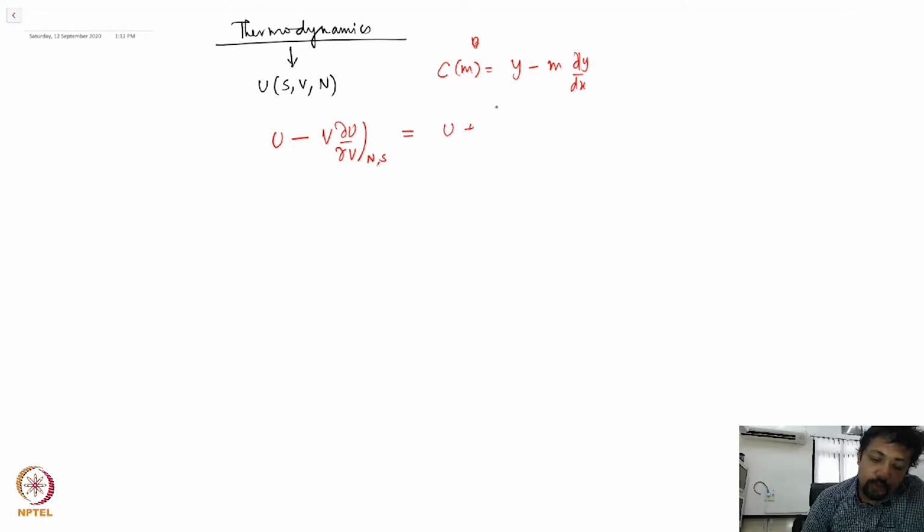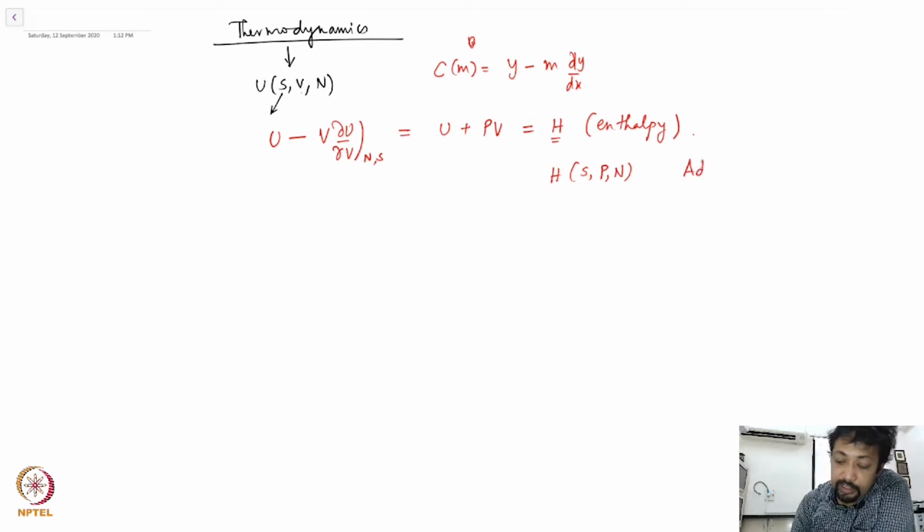U is U and ∂U/∂V is minus P, so this is PV, and this I know is the enthalpy H. So I have defined a new thermodynamic potential where I replace the volume by its conjugate force P, and clearly you can see that H is a function of S, P and N.